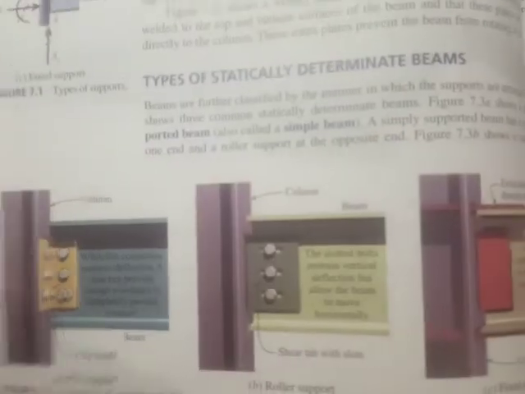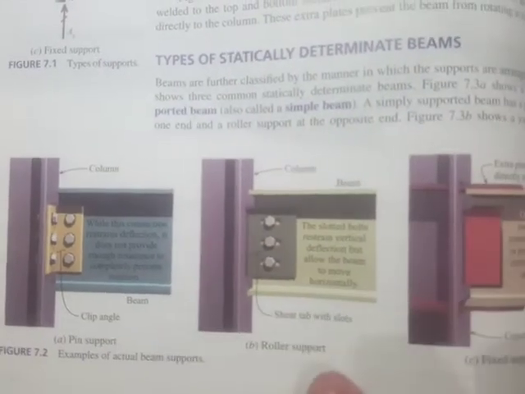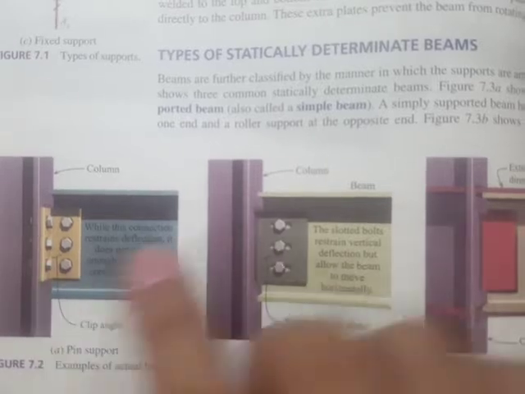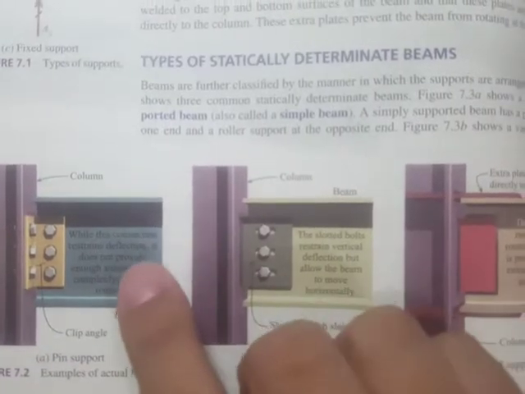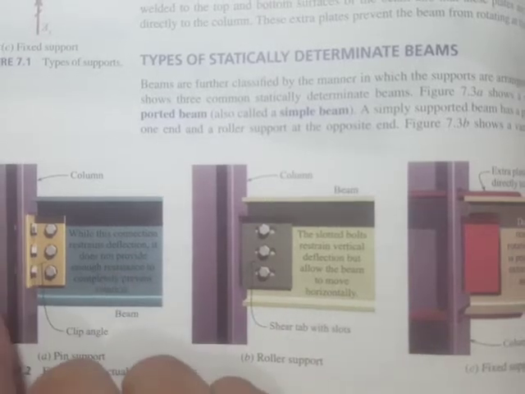Okay, so right here there's a figure. So for example, in this figure, it says that this is a pin support. So this is what I was talking about, that this is the steel beam and this is the steel column.